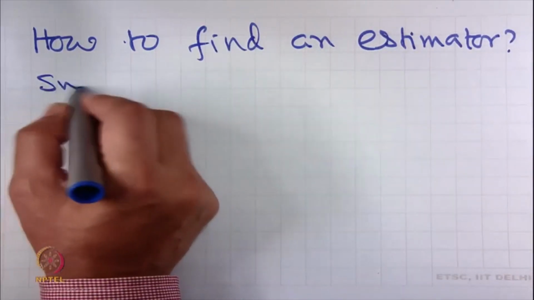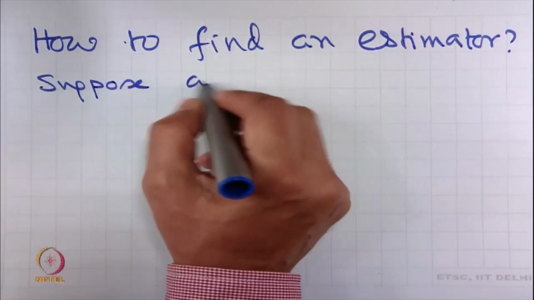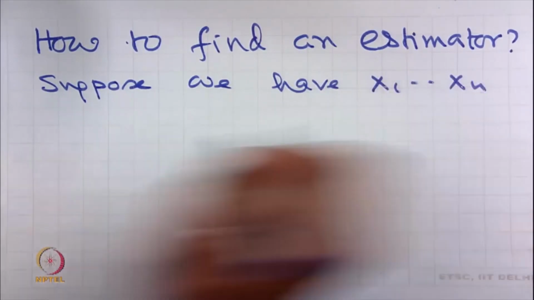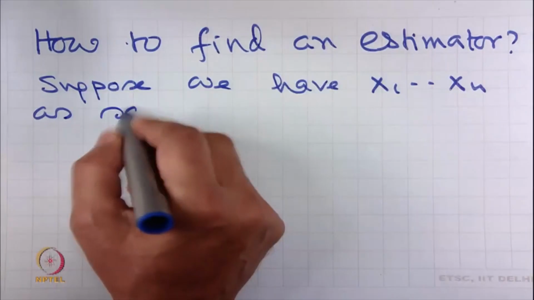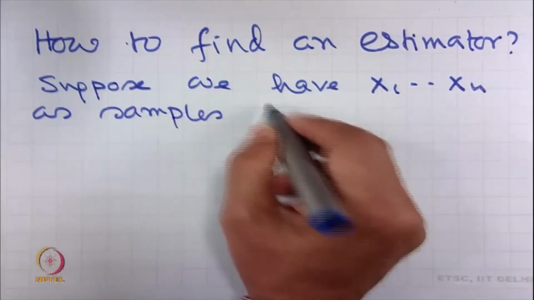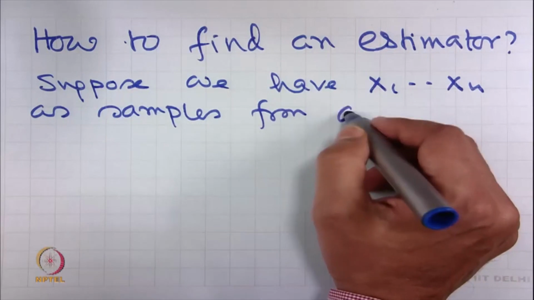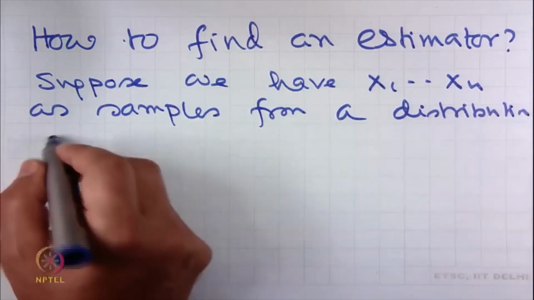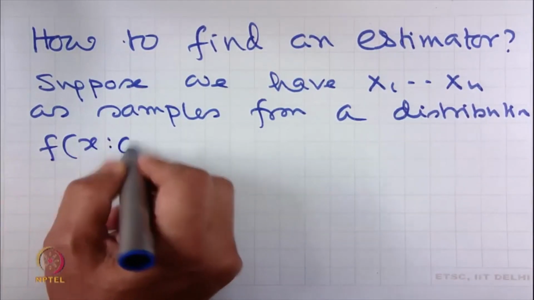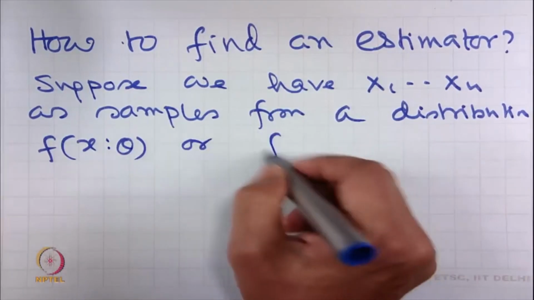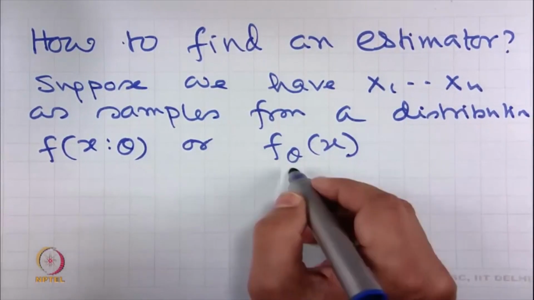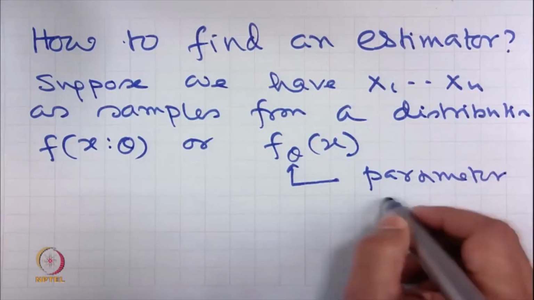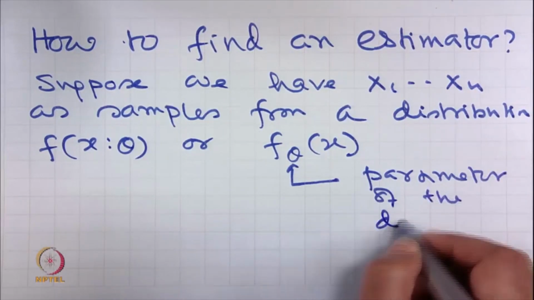Suppose we have x1, x2, ..., xn as samples from our distribution f(x, theta), or I may write f theta of x, where theta is the parameter of the distribution.